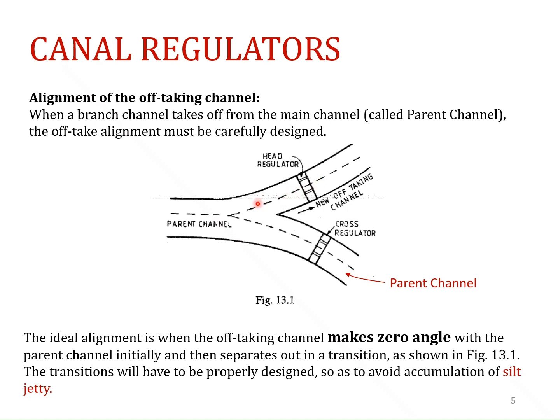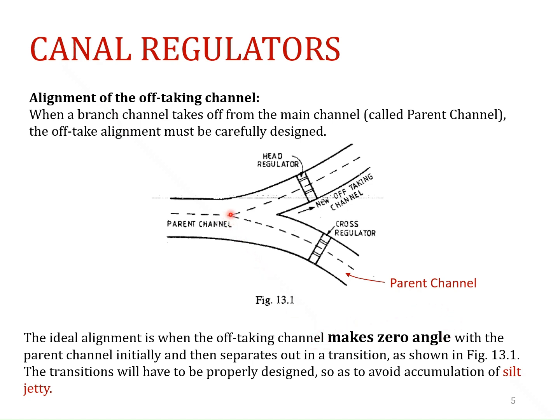Okay, the off-taking canal is smoothly transiting out of the parent canal, and the center line here, if you trace it back, right here, the angle of the off-taking canal center line is 0 with respect to the center line of the parent canal. Okay, the ideal arrangement is when the off-taking channel or canal makes 0 angle.